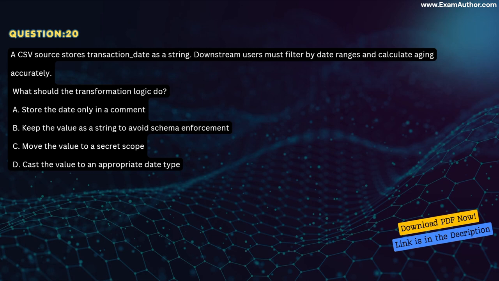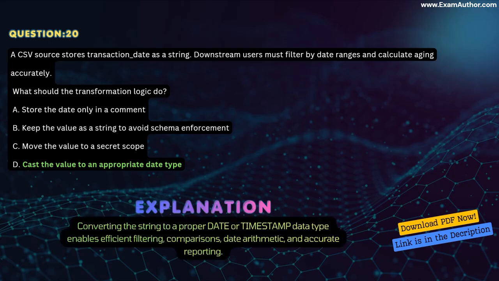C. Move the value to a secret scope. D. Cast the value to an appropriate date type. Correct answer: D. Cast the value to an appropriate date type. Explanation: converting the string to a proper date or timestamp data type enables efficient filtering, comparisons, date arithmetic, and accurate reporting.